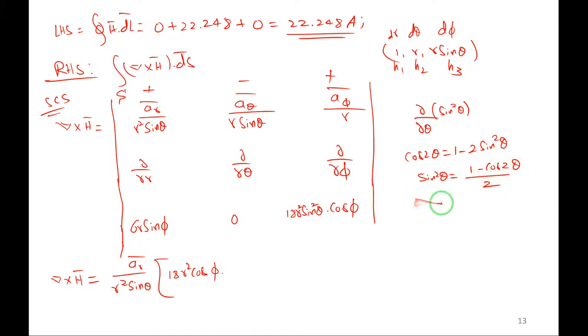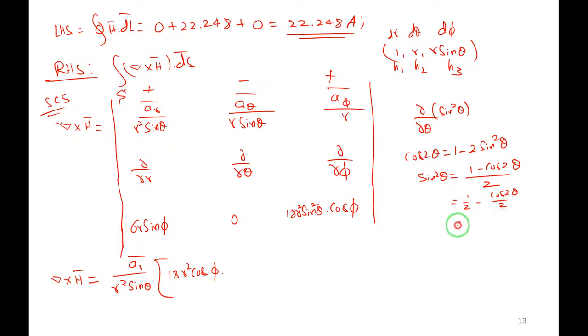Is it fine? So differentiate with respect to theta this one. Can I write it as 1 by 2 minus cos 2 theta by 2, separately? Then differentiate with respect to theta, this will be 0, right? So 1 by 2 into minus cos 2 theta by 2.